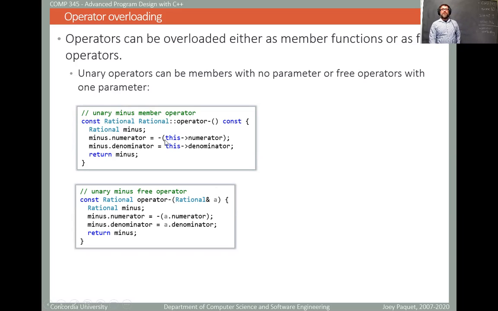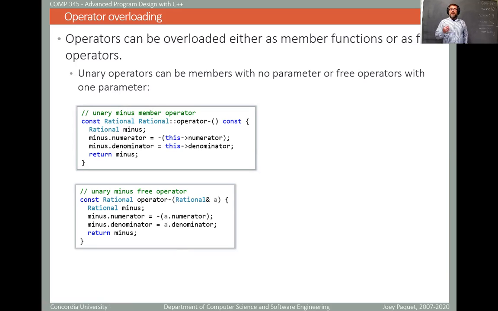The code is mostly the same, except that here it takes effect on the current object, so it would use the current object's numerator and denominator to apply the minus operation. However, here it would take effect on the object that is passed to this operator.